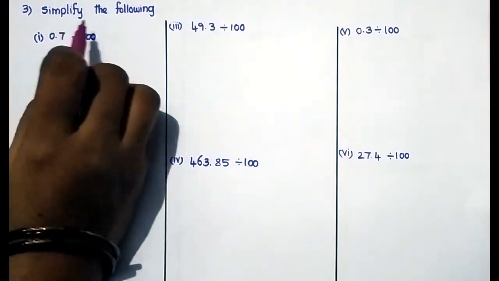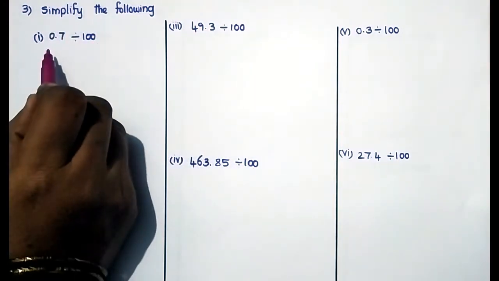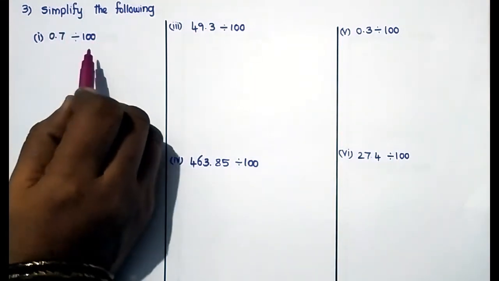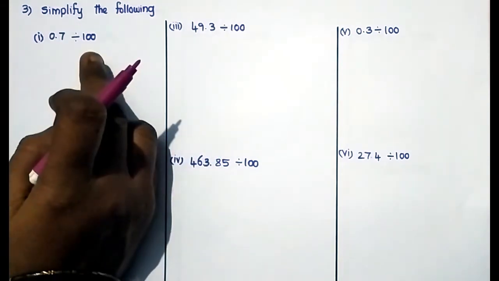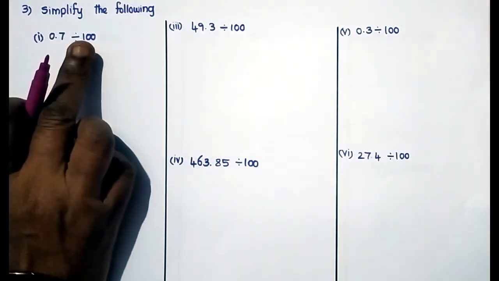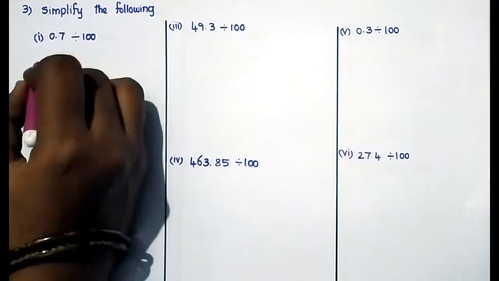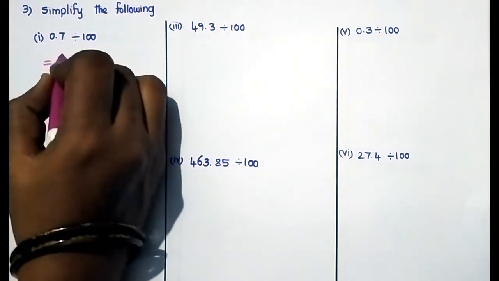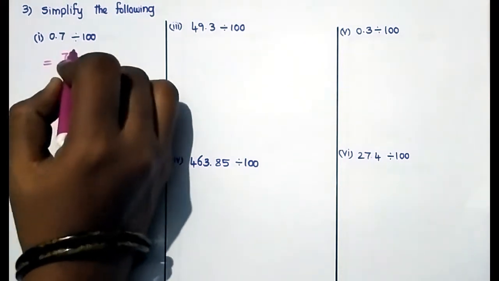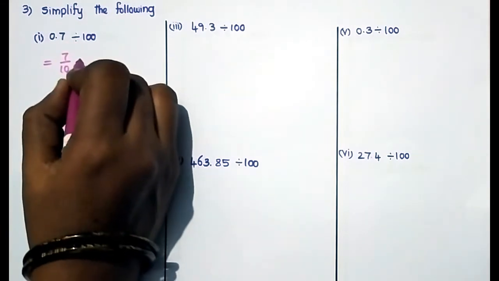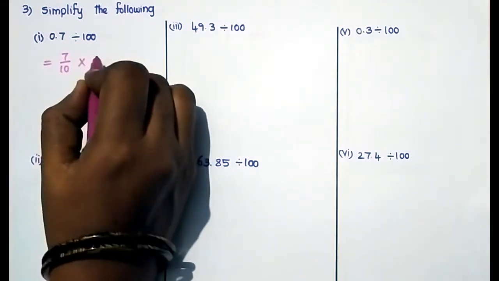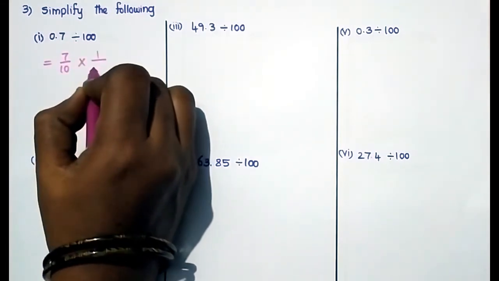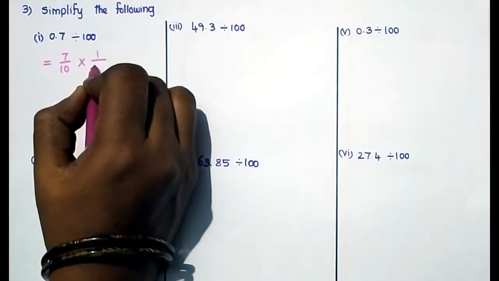Third sum, simplify the following. First subdivision, 0.7 divided by 100. Same procedure we have to follow, but here they have given 100. That is the only difference. So 7 by 10, change into multiplication. What is the condition? Take the reciprocal for that. So 100, what is the reciprocal for 100?